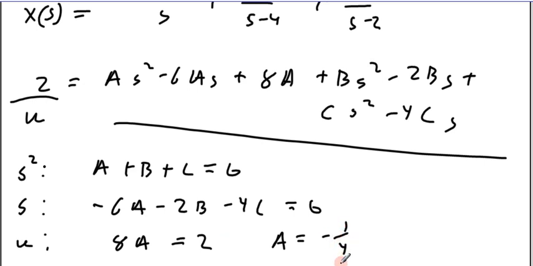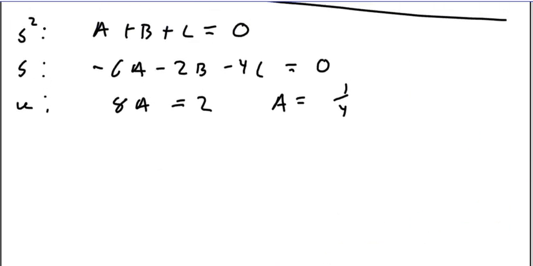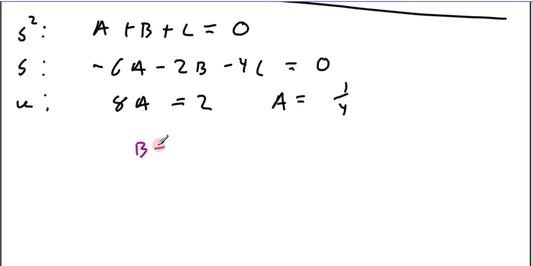No, it doesn't. A is equal to 1/4. Make those zeros better. Okay, so I got 2 equations, 2 unknowns. I got b plus c is minus 1/4, and I've got minus 2b minus 4c is equal to 3 halves.